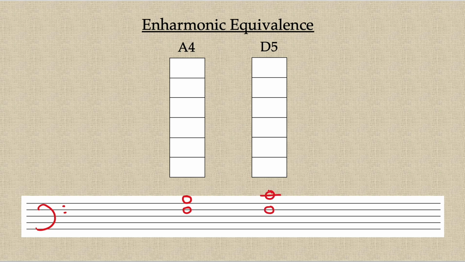F to C is a perfect fifth because F, G, A, B, C is a fifth and it has 7 half steps. But now we only need 6 half steps for this to be a diminished fifth. I'm going to narrow the interval down by a half step by adding a flat to the C. So now we have F to C flat. C flat and B natural are enharmonic, which makes these intervals enharmonic intervals.